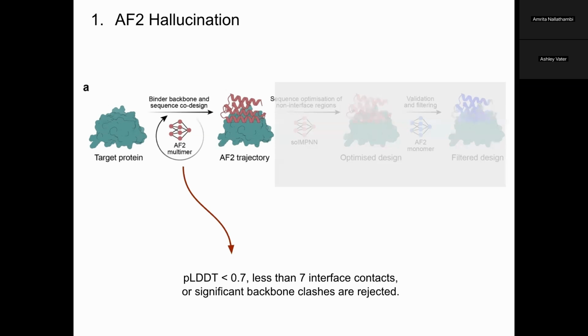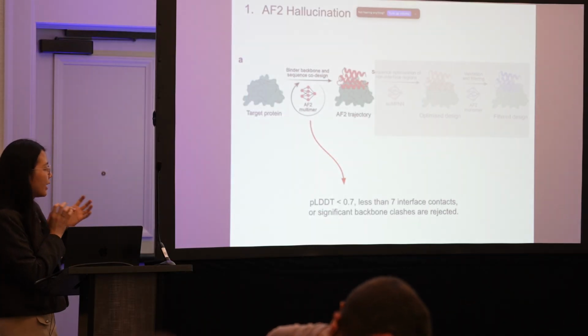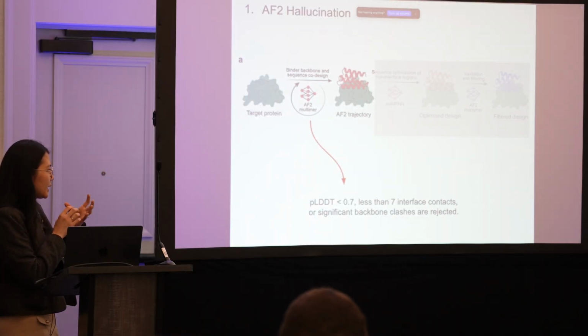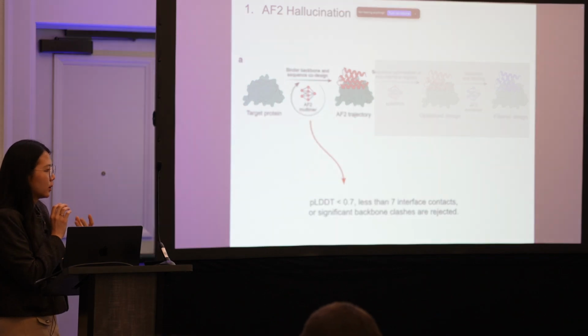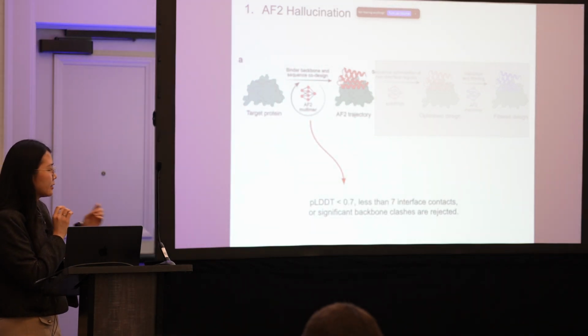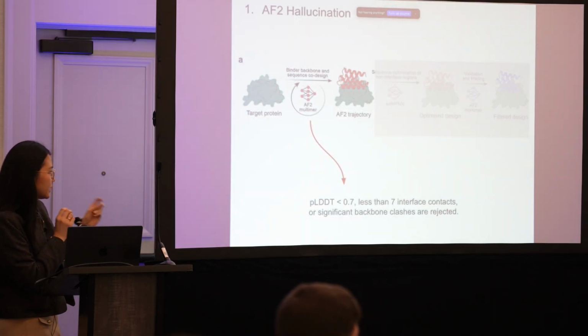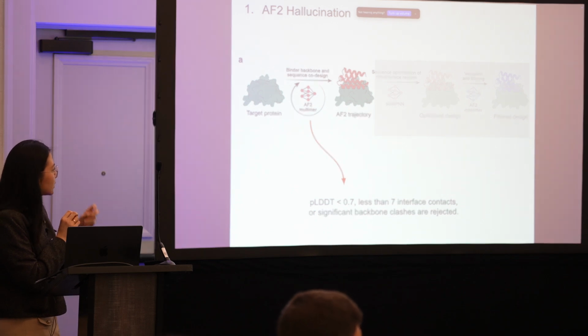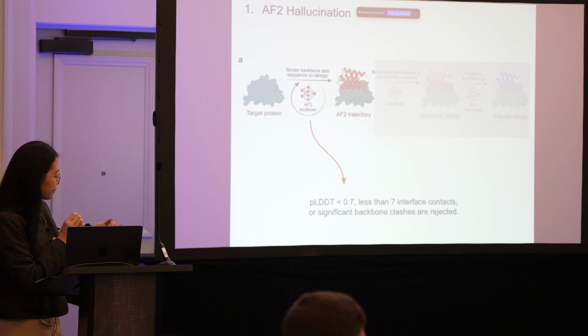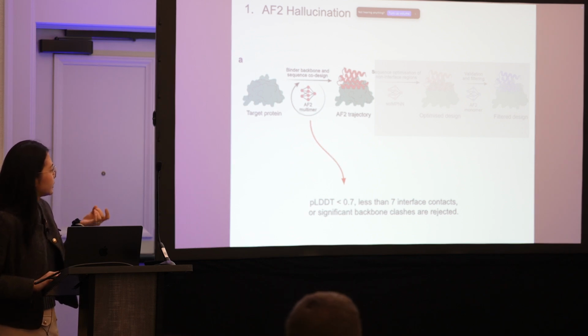In many cases, when you design a binder, you design something with a low inter-PAE score and high pLDDT, but sometimes they have a lot of unsaturated polar residues that don't make any hydrogen bond with residues on the target. If you have that kind of unsaturated residue, it is very energetically unfavorable.